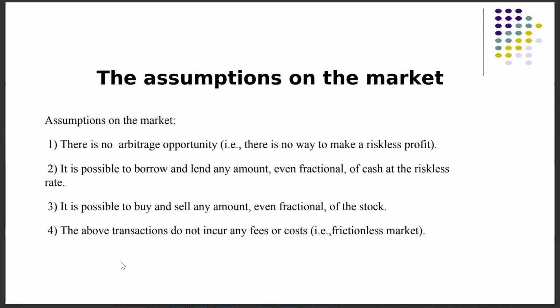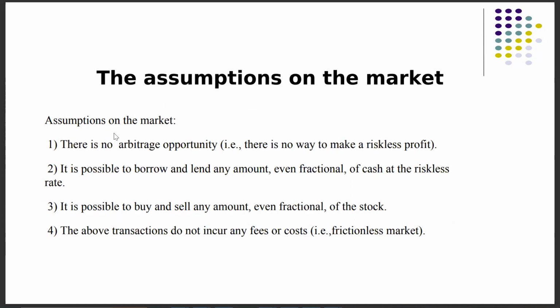And there are some assumptions about the market. There is no arbitrage opportunity, so no way to make a riskless profit. It is possible to borrow and lend any amount, even fractional.